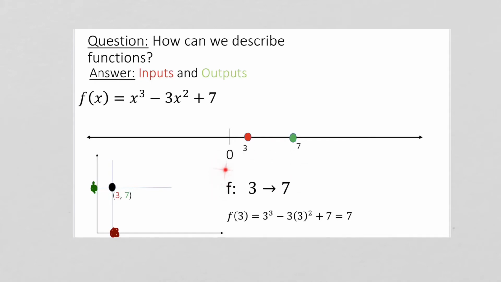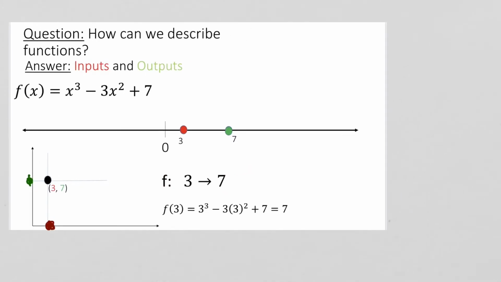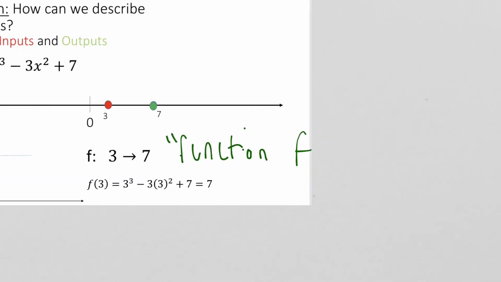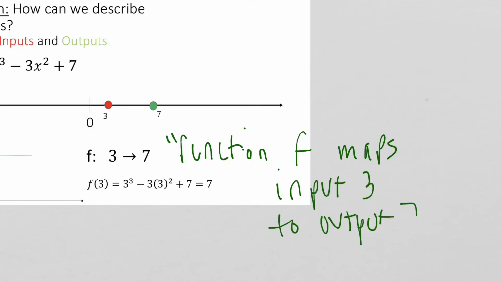We can use this notation, which is saying the function f maps 3 to the output 7, okay? So we could write this with me, function f maps input 3 to output 7.